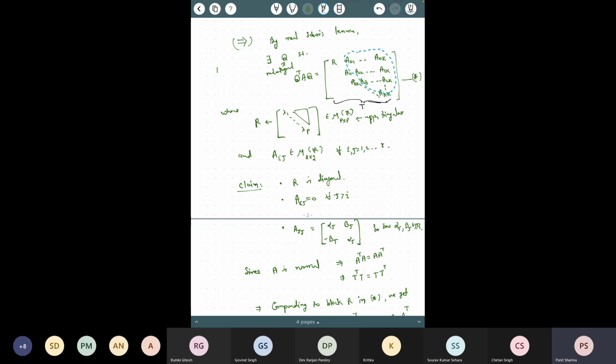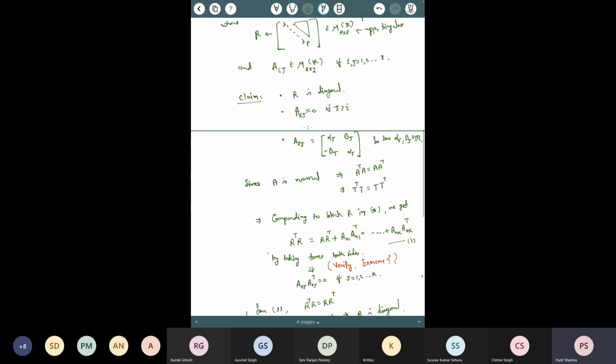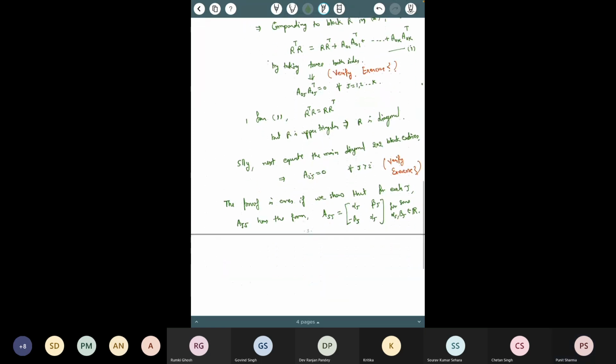So T is a block diagonal matrix which is normal. That means each of these 2 cross 2 blocks is normal. So T transpose T equals T T transpose implies that these diagonal blocks here are also normal. So if I show that each of these blocks has this particular structure, then the proof is over.